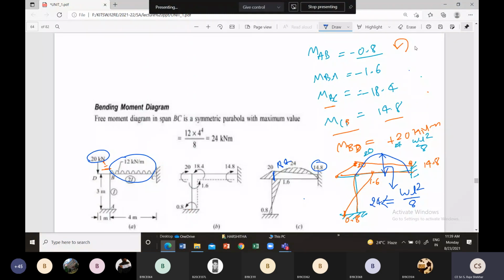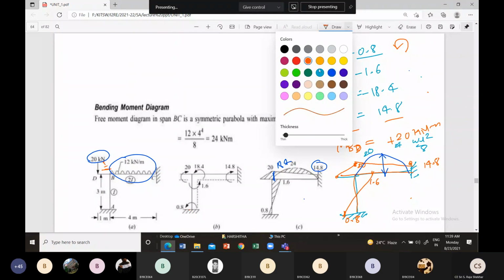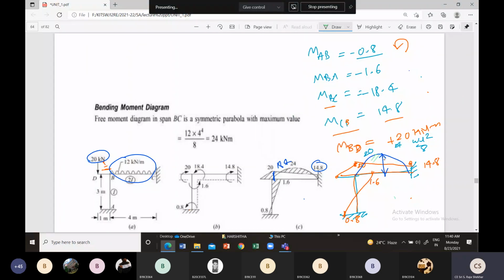That is 24. So now what you need to do, we need to represent net negative bending moment and net positive bending moment. So this will be net positive bending moment. So these net values will be considered for the design. This will be net negative bending moment.